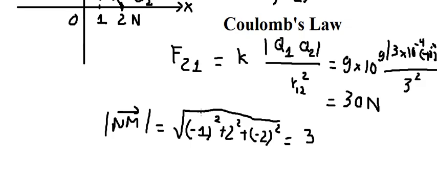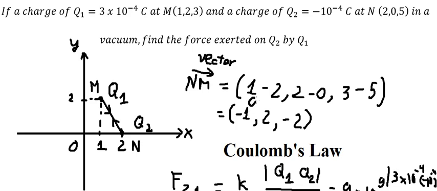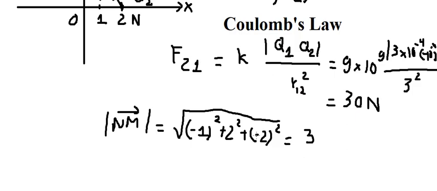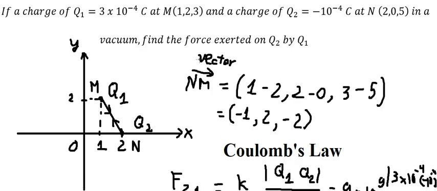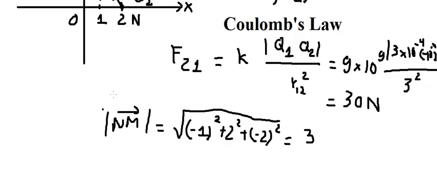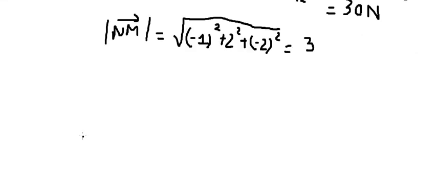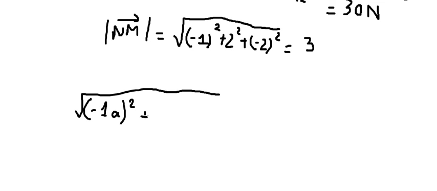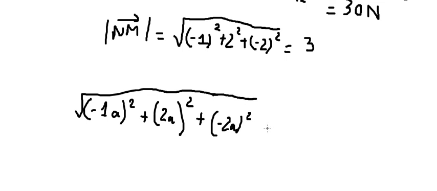Now let's go to the next one. I will put A in here, because we want to create the vector of force. So I will put like this, and we have negative 1 A squared plus 2A squared plus negative 2A squared equals 30 newtons.